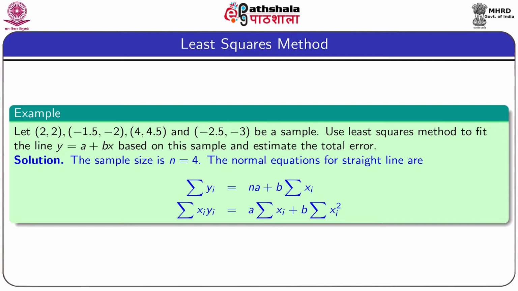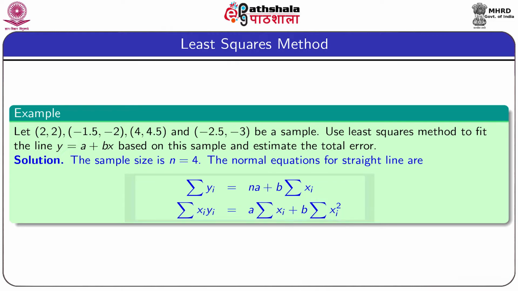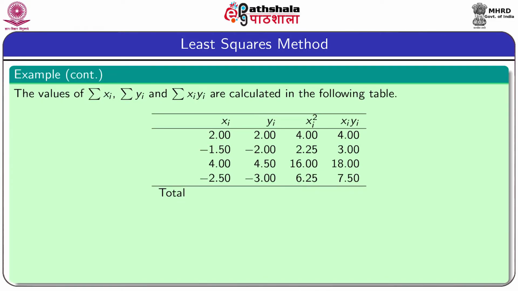The normal equations for this straight line are summation y equal to na plus b into summation xi, and the second equation is summation xi yi equal to a into summation xi plus b summation xi square. The values of summation xi, summation yi and summation xi yi are calculated in the following table.